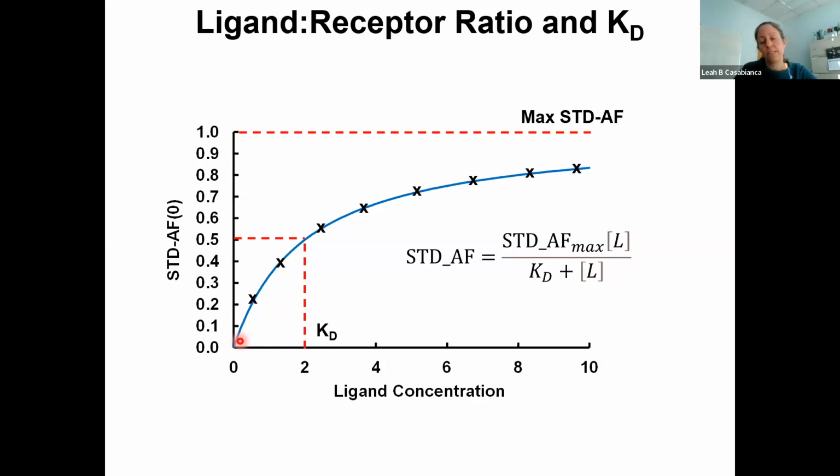So even if you have sufficient signal to noise at, let's say, 1 micromolar ligand, you need to also have sufficient signal to noise to be able to measure the STD effect. So on the low end, we're often limited by the sensitivity of NMR, and at the higher end, we could be limited by ligand solubility. So this method, again, only works if you're able to make these measurements at ligand concentrations that are relevant in the range of your KD for that particular system.